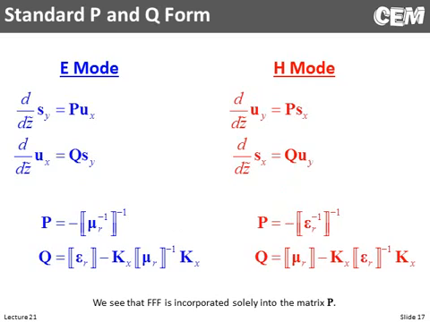Well, now we can put these 2 equations in our standard PQ form. And for each mode, we have 2 matrix differential equations that we can write as P and Q. And here's P and Q for the E mode. And here's our 2 matrix differential equations for the H mode and our P and Q for the H mode.